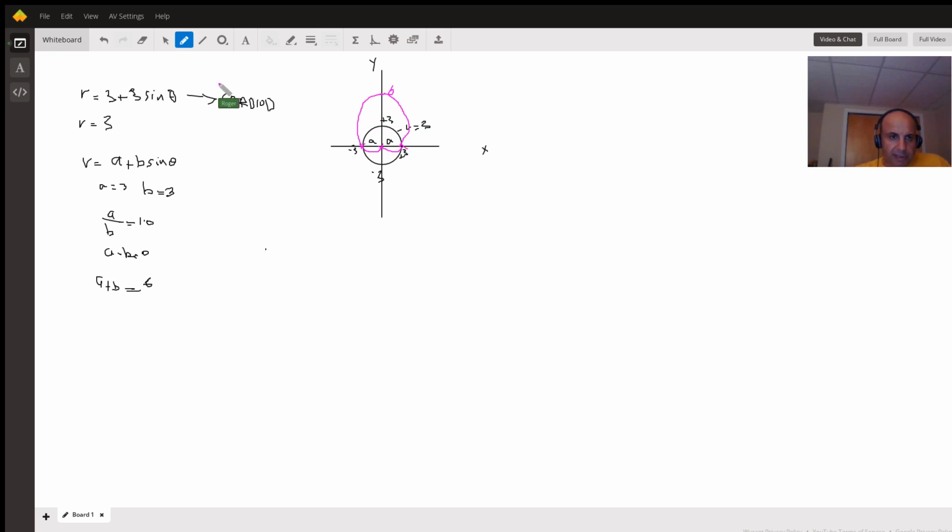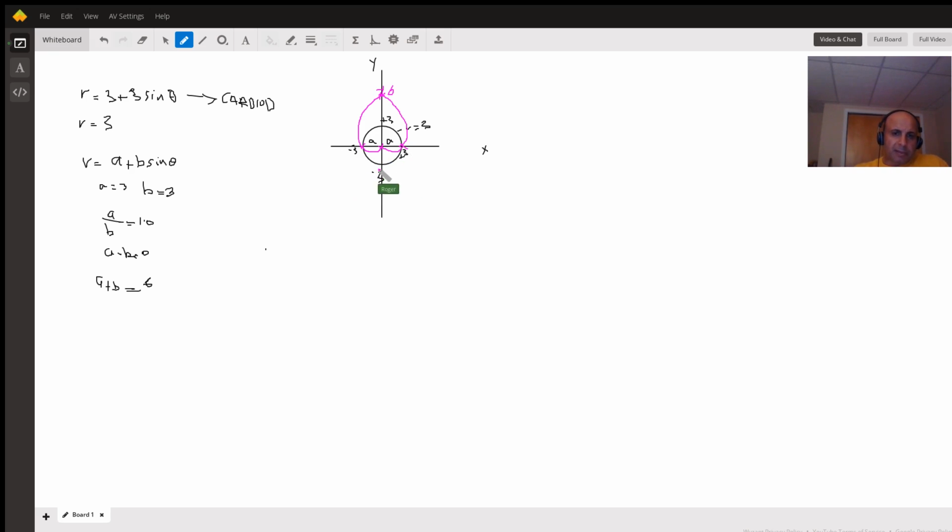Let me fix this better. That's a better cardioid. Because it is a plus sine theta, it opens up and intersects the y-axis at plus 6 here, and intersects the x-axis at minus 3 and 3.